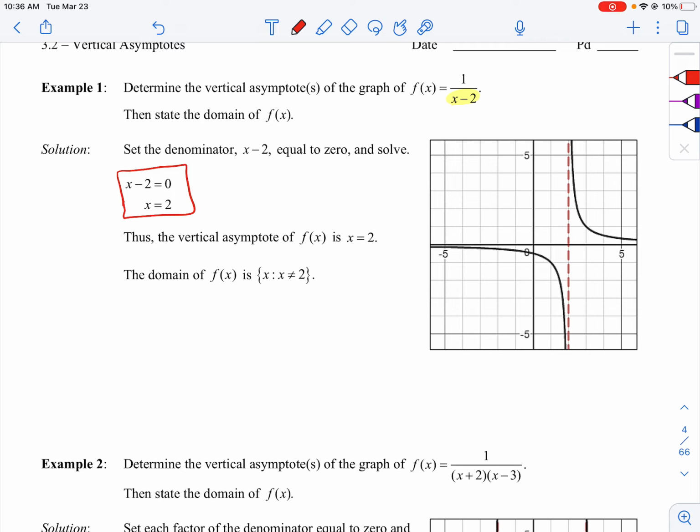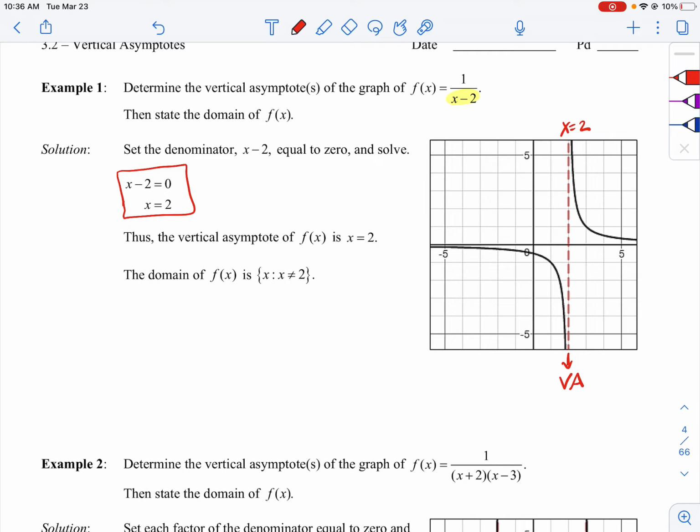So if you notice in here, I have a vertical red dashed line up and down, right, where x is equal to 2, because that is what we call my vertical, I'm going to call it my VA, my vertical asymptote. So where do I get the vertical asymptote? I will get it from making the denominator equal to 0 and solving for the value of x.